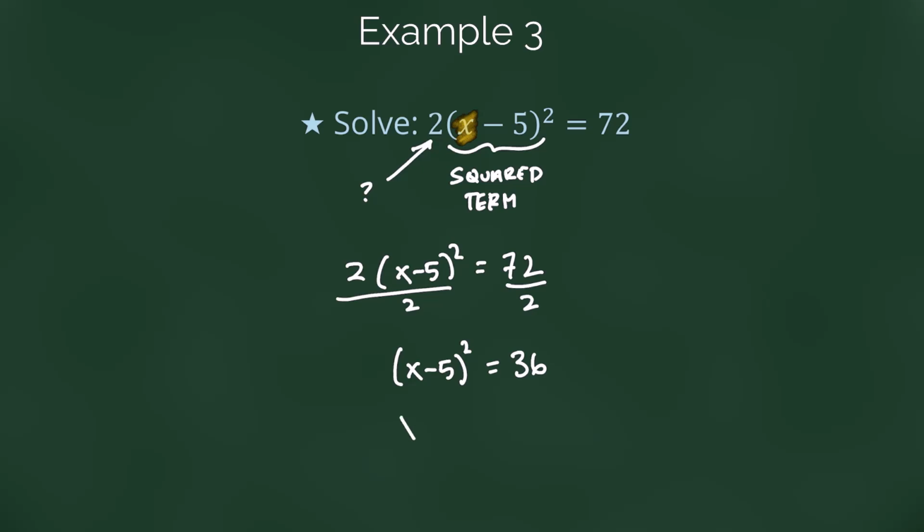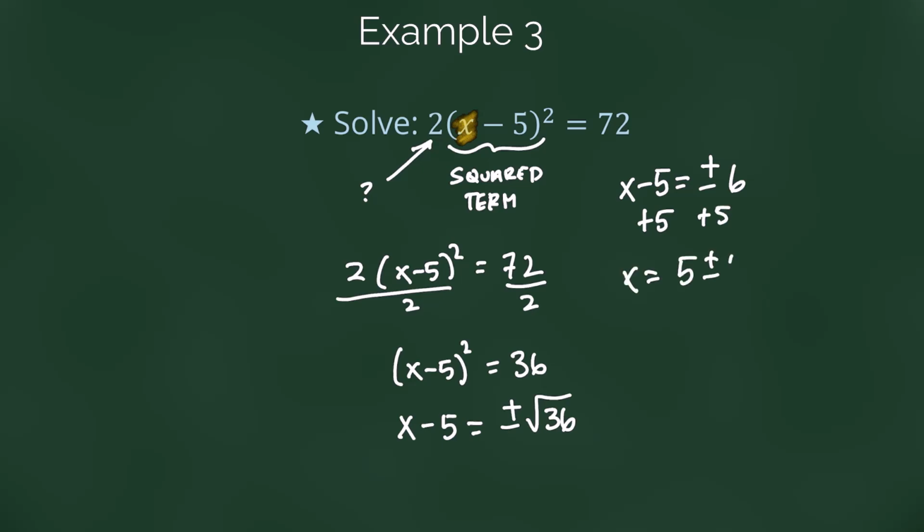When I do that, I get that x minus 5 is plus or minus the square root of 36. Well, the square root of 36, that's a nice perfect square. So we get that x minus 5 equals plus or minus 6. Then we add 5 to both sides. And we get that x is 5 plus or minus 6.